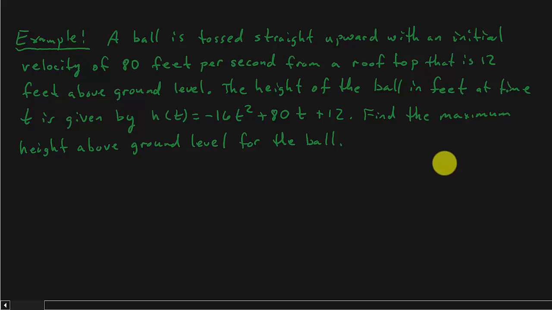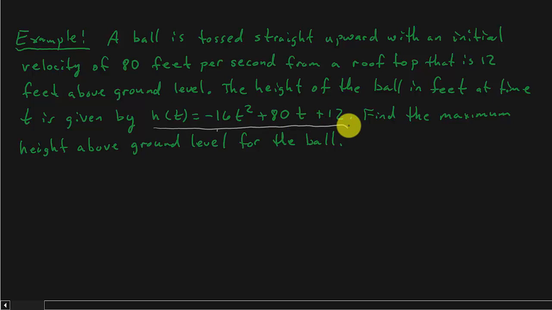So here it says a ball is tossed straight upward with an initial velocity of 80 feet per second from a rooftop that is 12 feet above ground level. The height of the ball in feet at time t is given by this function right here.